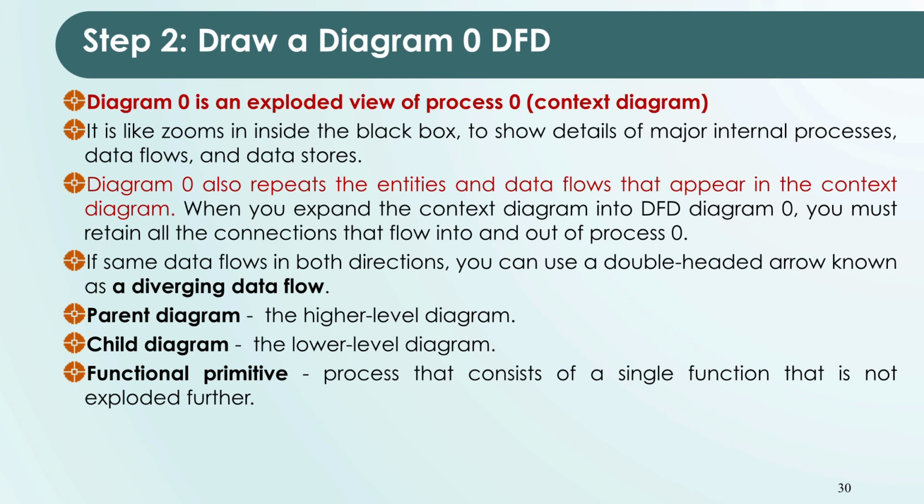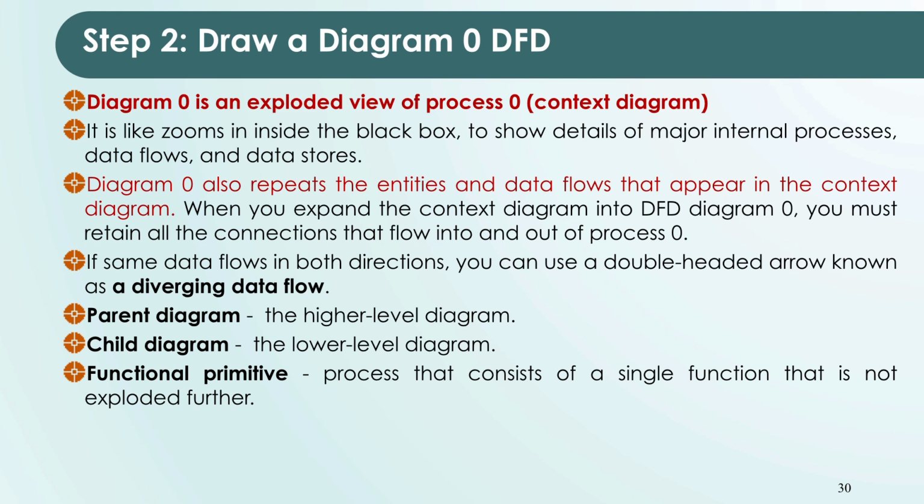Now in diagram 0 of DFD, you have to expand the process into the exact number of processes. For example, if you have 3 sub-processes, you have to draw all 3 processes in the diagram 0 DFD.